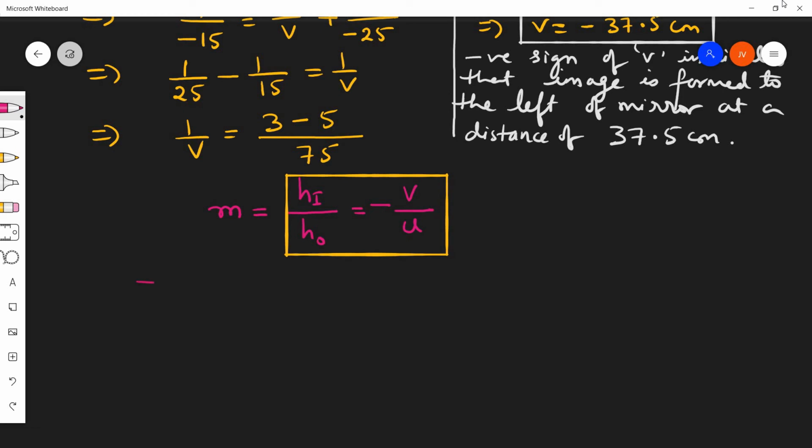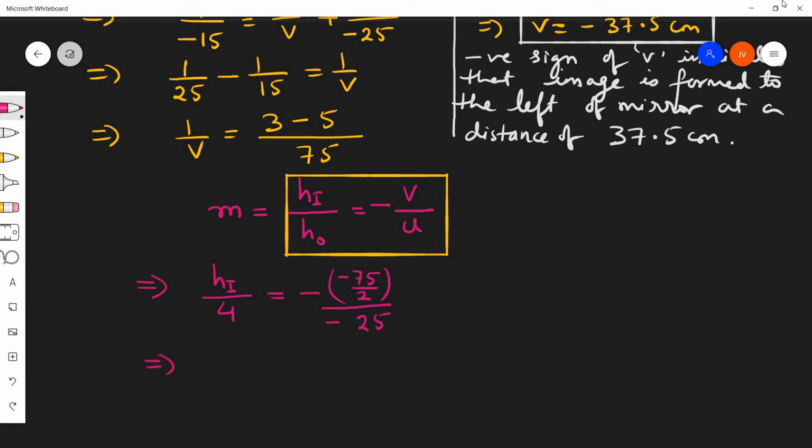We are given in the question that we have to find the size or height of the image, and the height of the object is 4 centimeter. It is plus 4, then minus v, where image distance is minus 75 by 2. We will take a fraction form for easy calculation instead of the decimal form, and object distance is minus 25 centimeter.